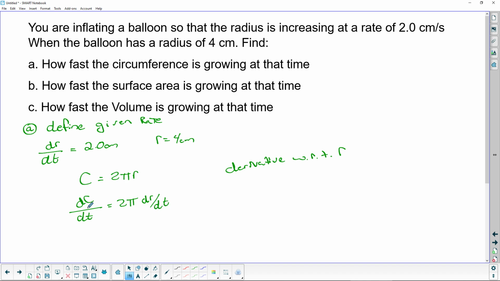So now we can find out the rate that the circumference is changing by plugging in our variables. So we take the derivative with respect to r, that's number 2. This is step 1. Step 2. Step 3 is we plug the variables in and solve for dC/dt.